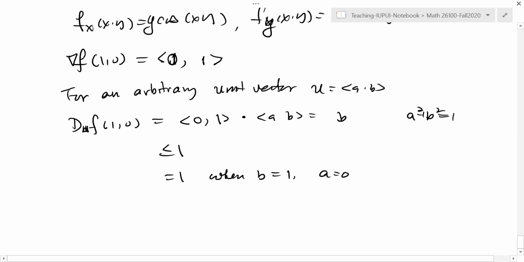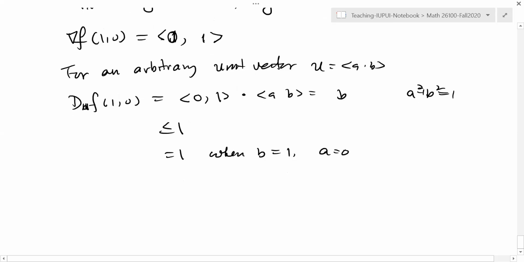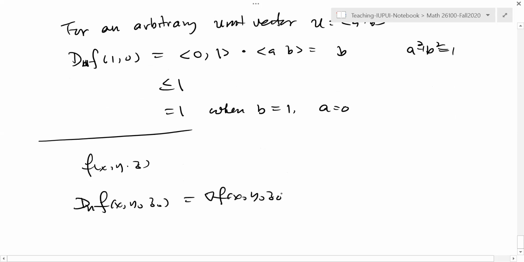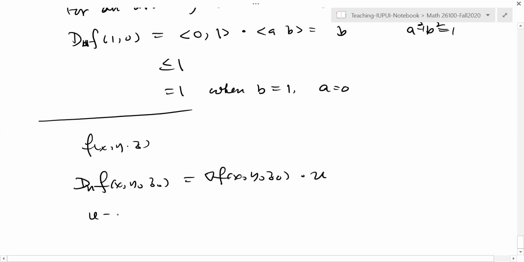Similar problems can be done for three dimensions, for a function of three variables. Similarly, for a function with three variables, the directional derivative at the particular point is the gradient dot u, where u equals (a, b, c) is a unit vector.